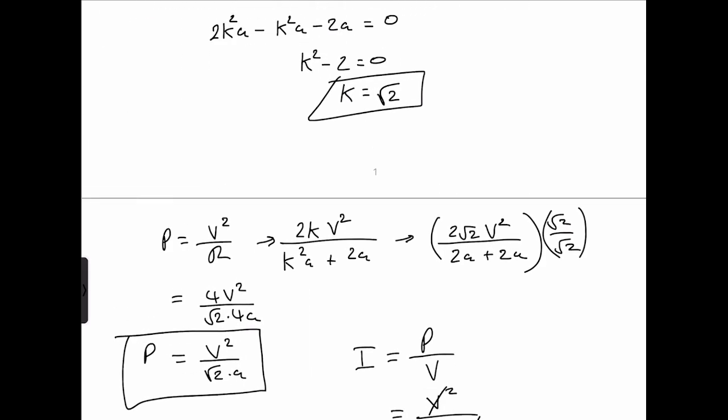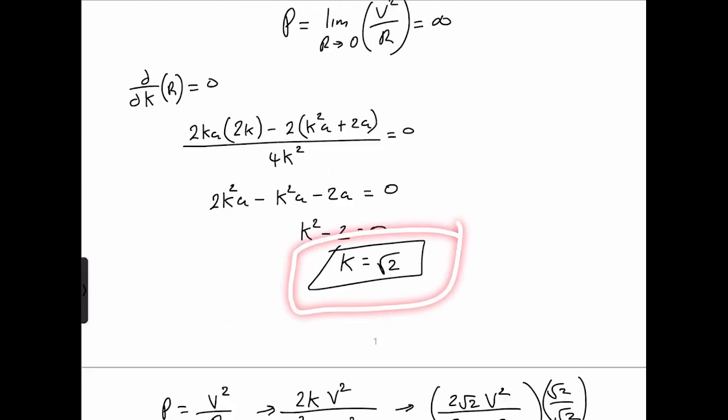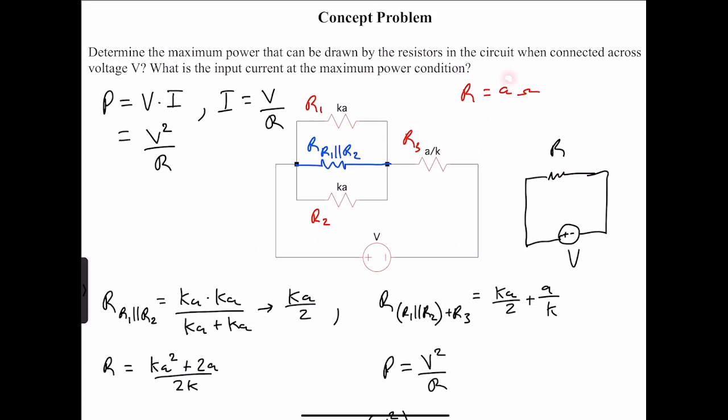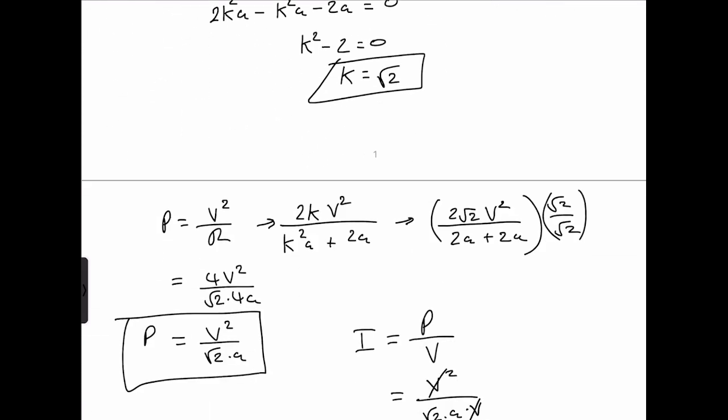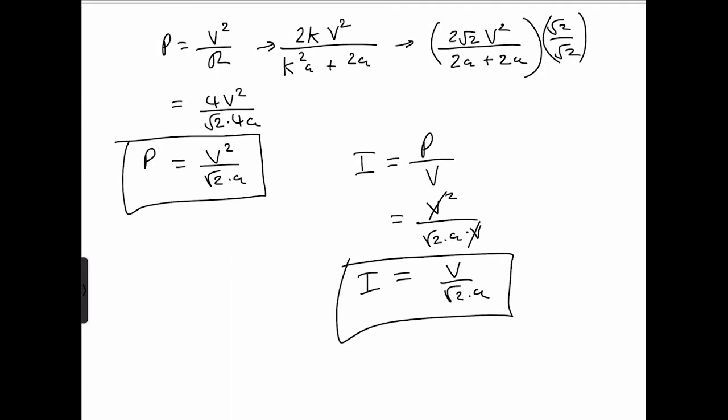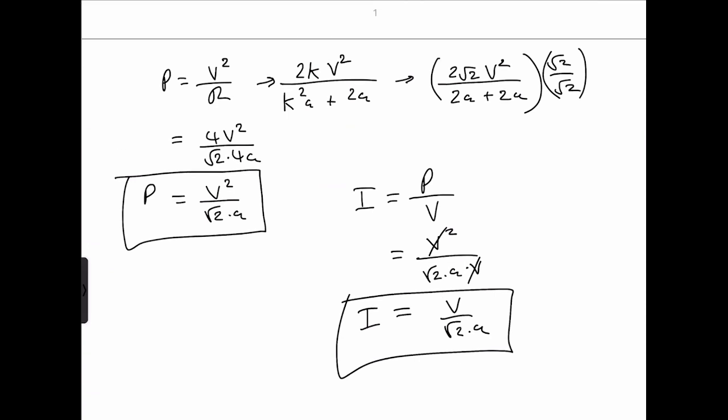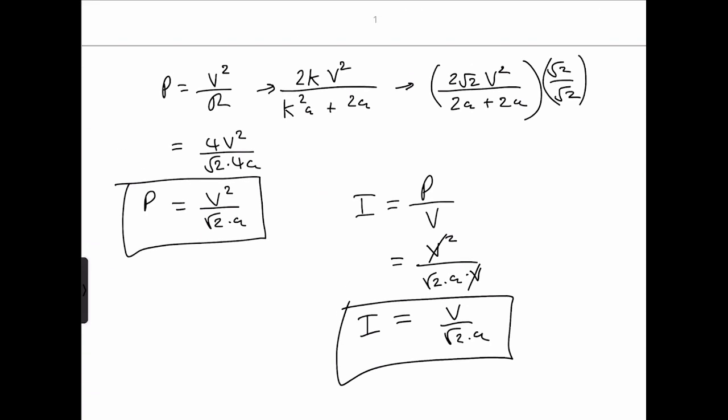But before we did that, we had to find the constant K that was multiplied by A, which is our resistance of the resistors. So K was just a constant factor. After we find K, we then go ahead and find the maximum power condition. After finding the maximum power condition, we can then find the current at that condition.